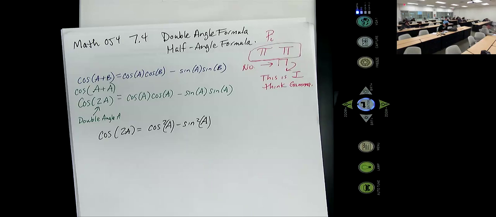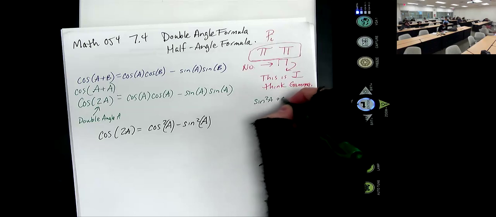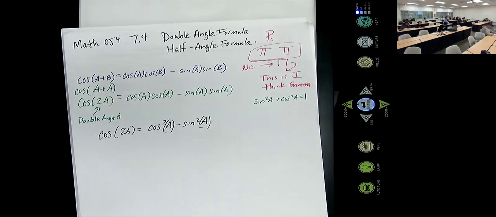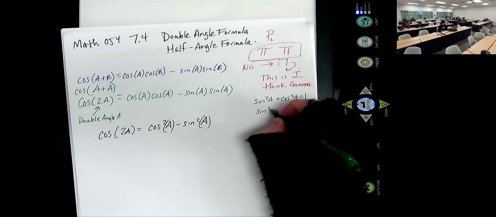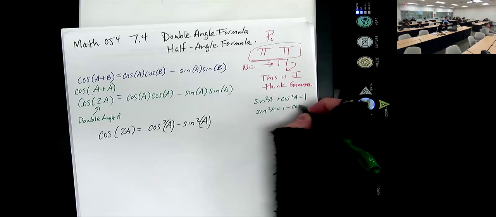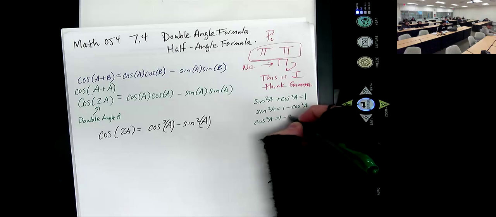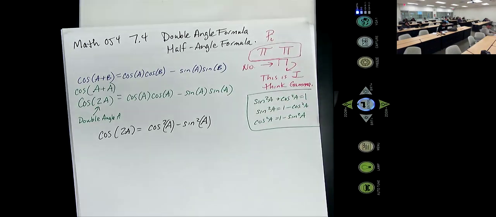There are two other variants of this. And the other variants of this stem from sine squared A plus cosine squared A equals 1. So depending on which one I solve for, if I solve for sine squared A, I would get 1 minus cosine squared A. And if I solve for cosine squared A, I get 1 minus sine squared A. This is a different formula, that's the Pythagorean formula.